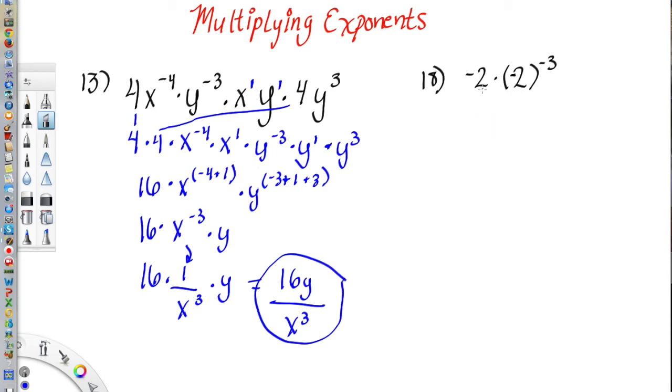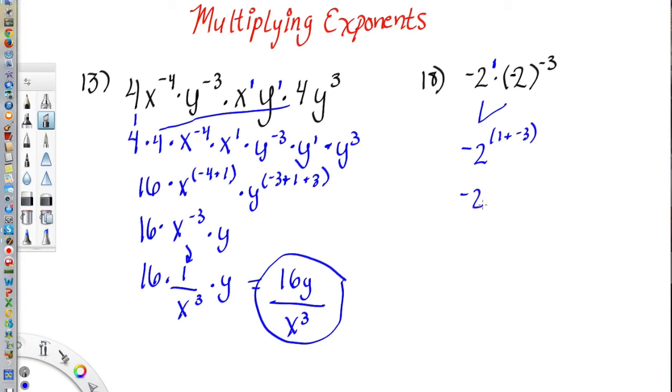Okay, here I've got a negative 2 times a negative 2 to the negative third power. So my base is just a negative 2. And then remember I got a 1 there. When I take a look at all my exponents, I've got a positive 1 here and a negative 3 there.